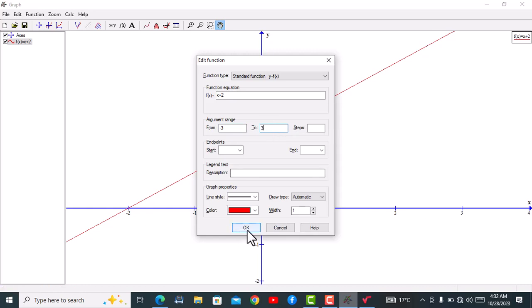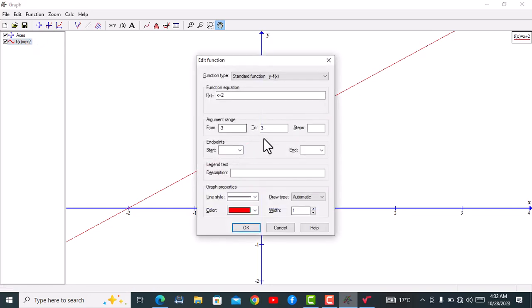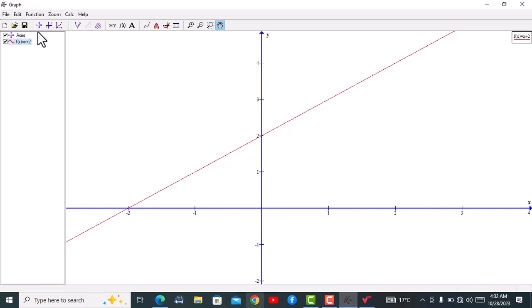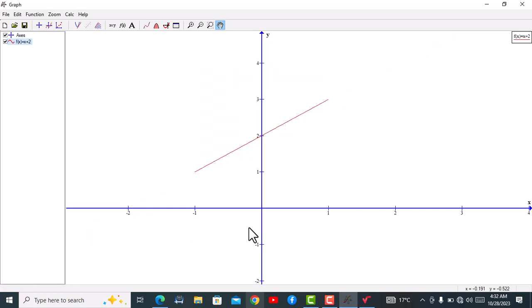The arguments I can say from -3 to 3. But when you do that, okay, it still doesn't want to do that. Okay, let me just say from -1 to 1.